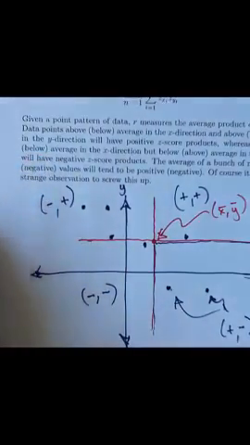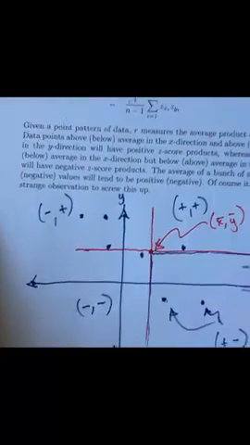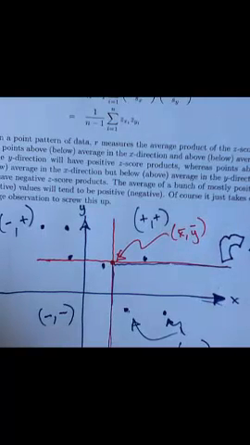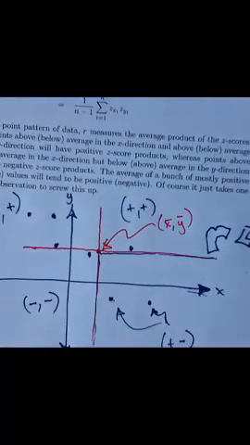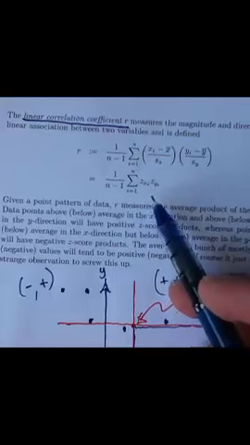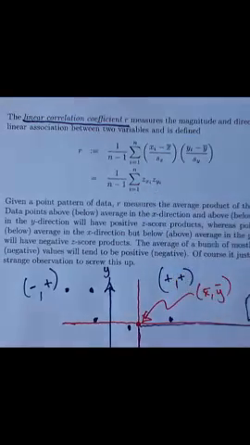So in this case, I bet R is going to be below 0, don't you think? Yeah, because this is essentially the average of a bunch of mostly negative things, and the average of a bunch of mostly negative things is likely to be negative.